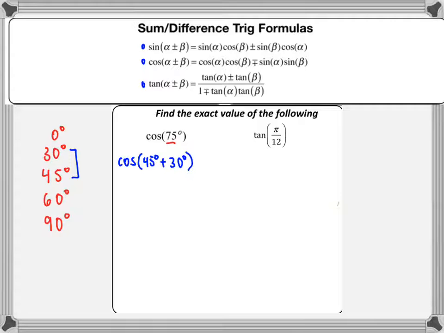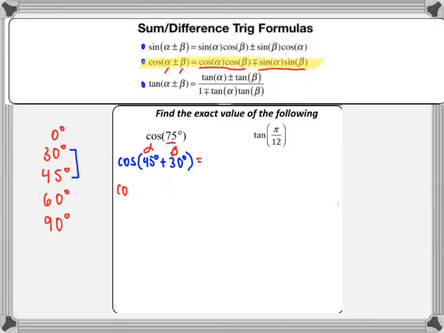Now we're going to use the sum formula of cosine over here. This basically says that if I have this alpha right here and this beta, I'm going to have to put these into that formula. So here we go, I'm going to do it down below.